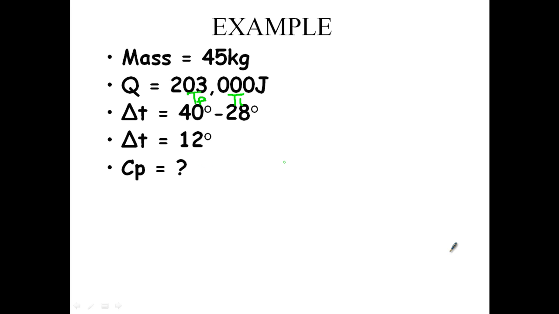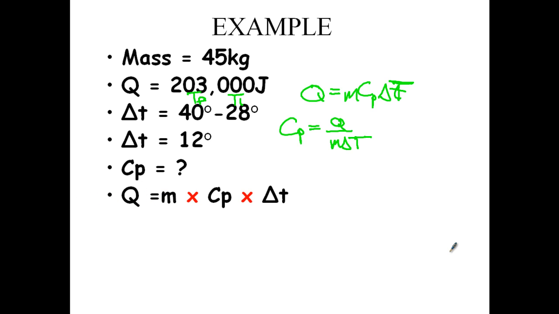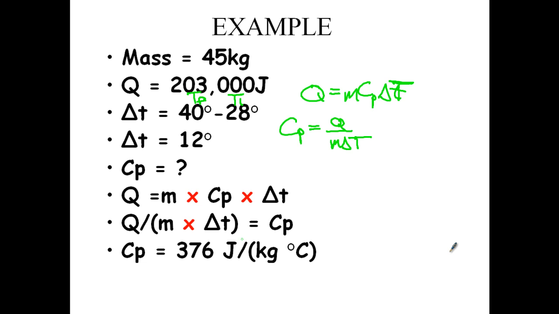So what is the Cp? If we take our Q equals mc delta T and solve for Cp, we get Cp equals Q divided by m delta T.